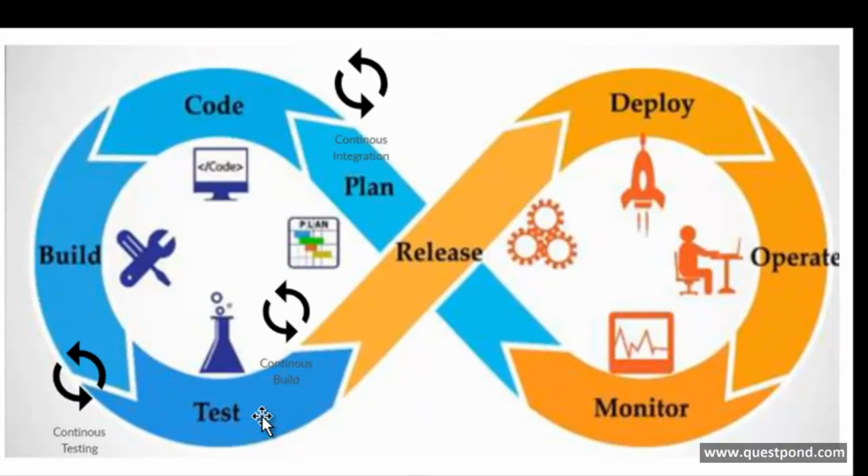Now, in this whole process, what we really want is, if you want to deliver faster, then we need automation tools. Now, I'm using the word automation here, but as I've said, automation is a byproduct. First is the working culture, right? So yes, if I check in the code, I want the build to happen automatically.